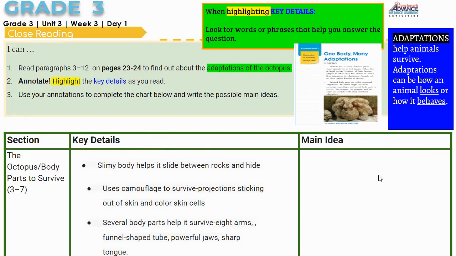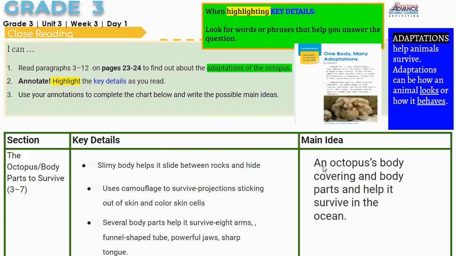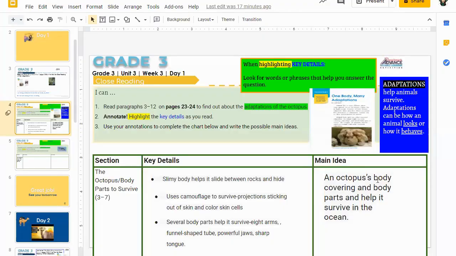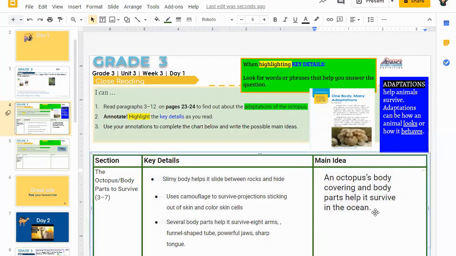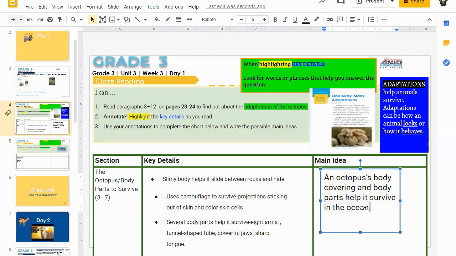And things it does in order to survive. So the main idea I put is that this section was mostly about an octopus's body covering and body parts and how it helps survive in the ocean. An octopus's body covering and body parts help it survive in the ocean. So that is what this section I just read was mostly about.